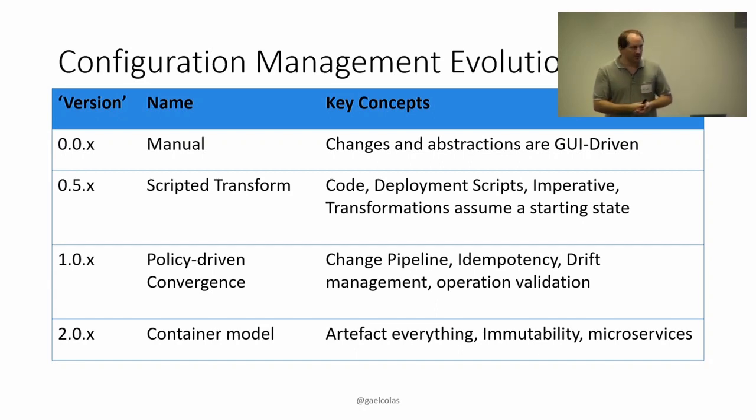In the Linux world, it started very early with what I call version 0.5, which is just a transform script. So running commands, creating bash scripts for Linux. So you create a script and you execute the script. This is a scripted transform. It's not state management, it's a transform.